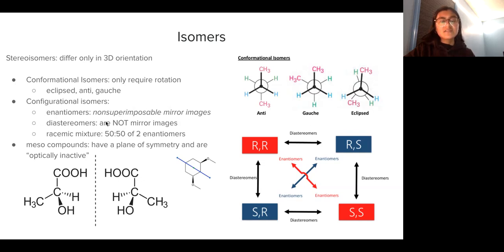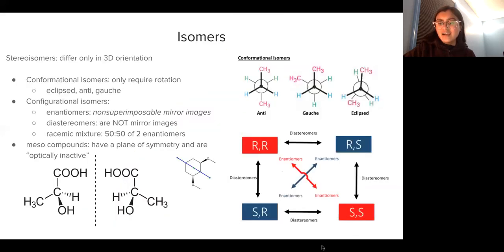And then your configurational isomers, those will be your enantiomers and diastereomers. Here you can see enantiomers are non-superimposable mirror images. So here we have an example of enantiomers. They are non-superimposable mirror images, so you can't put them on top of each other. And diastereomers will not be mirror images. You can see the relationship between R and S configurations and whether that means two compounds are enantiomers or diastereomers.